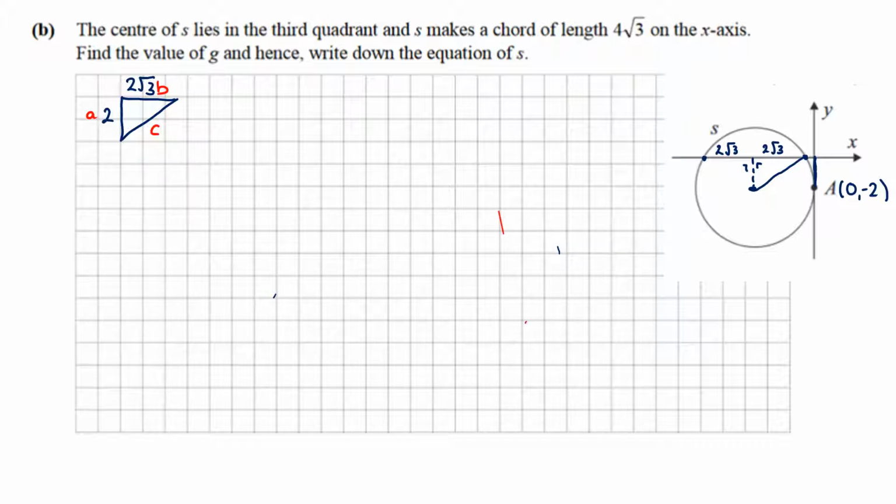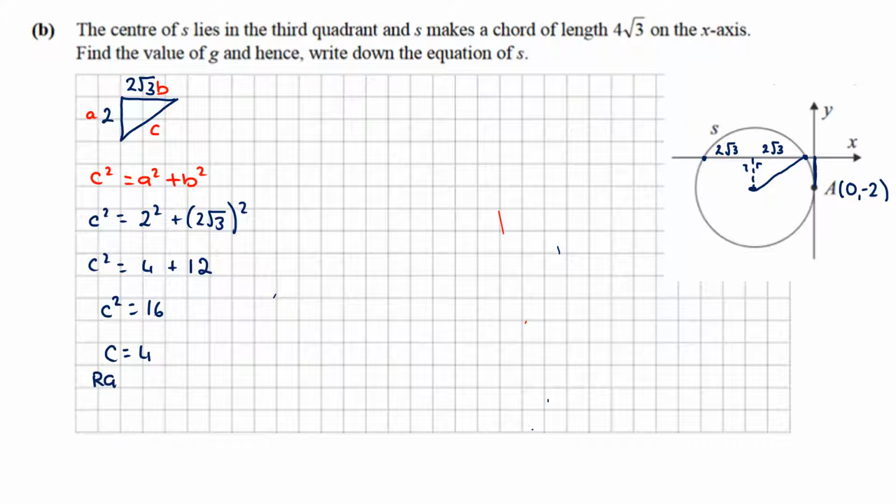The other two sides, it doesn't matter which one is a and which one is b. So c squared equals a squared plus b squared. c squared is equal to 2 squared plus 2 root 3 squared. c squared is equal to 4 plus 12, so 4 times 3. So c squared is equal to 16, so c is equal to 4. So that is my radius. So my radius equals 4.